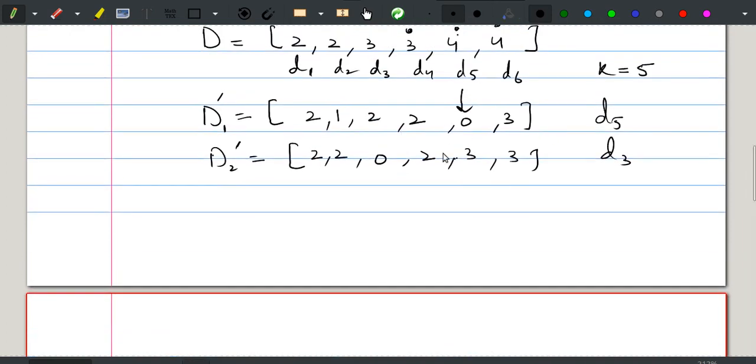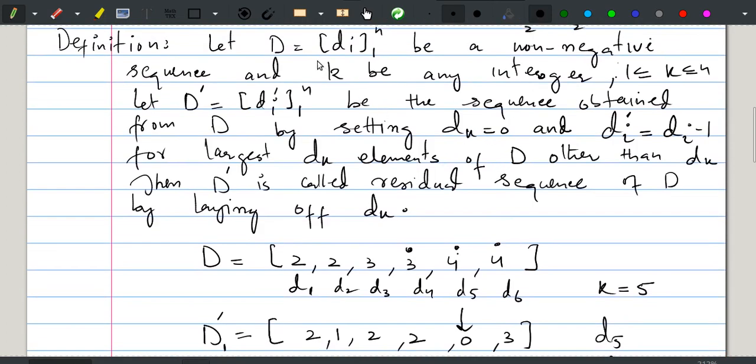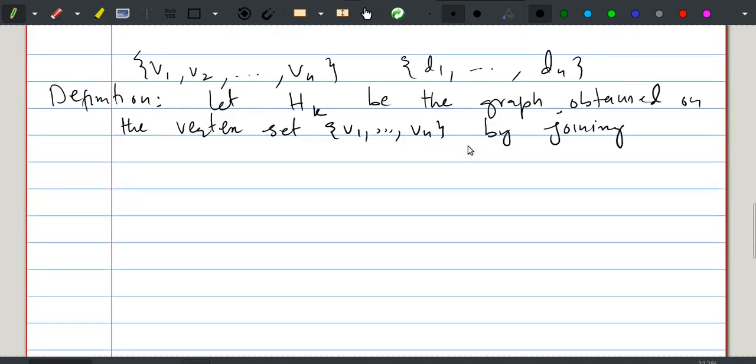Now when we lay off dk in this sequence, dk becomes 0. Now dk equal to 0 means the vertex vk has degree 0. So these are the vertices. First we'll define, then we do some examples to make it clear.